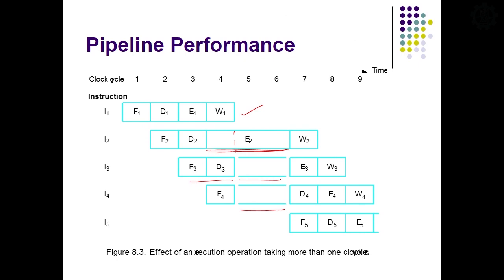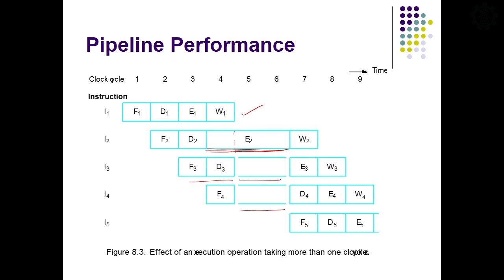This will affect the pipeline performance also. And this may happen for different reasons. There are 3 major reasons for which the pipeline can be stalled. Because what we learned, there is something called cache miss, right.